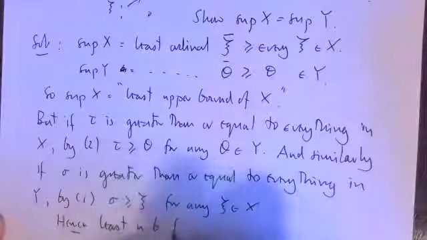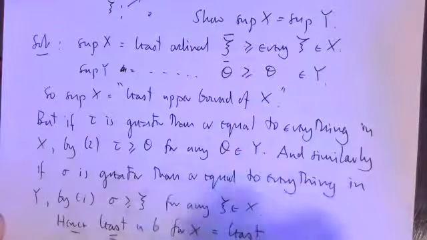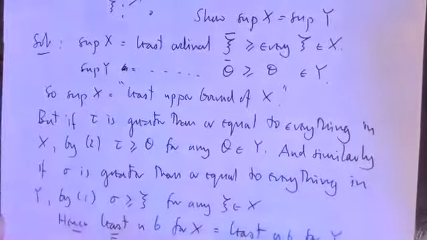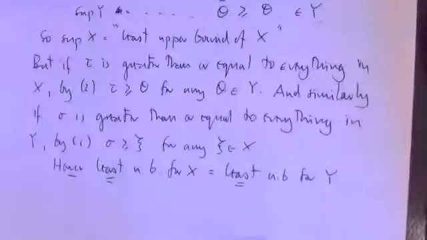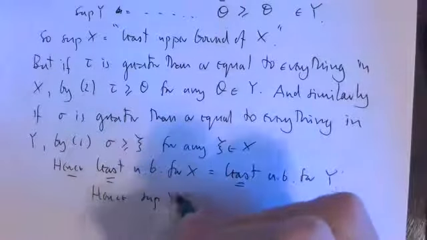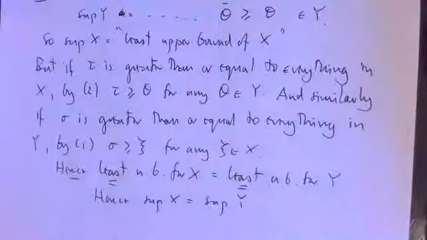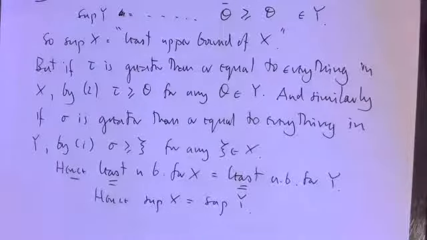So the least upper bound for X equals the least upper bound for Y. Hence sup X equals sup Y. So that's a very full answer there.